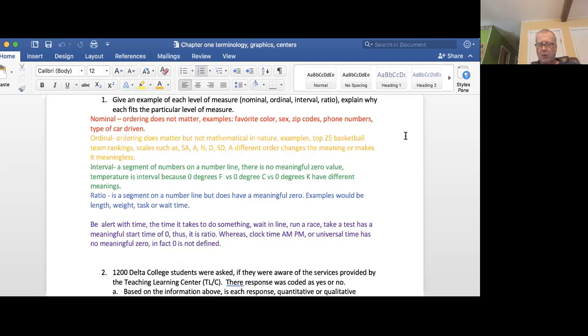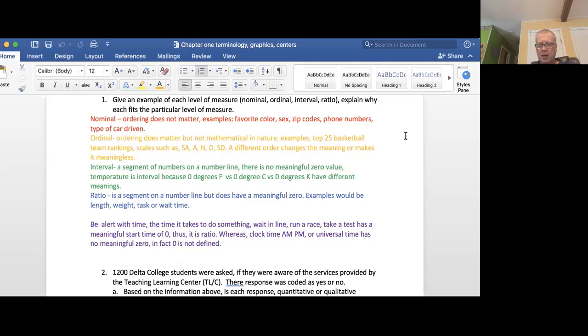Ratio. Ratio is a segment on a number line with a meaningful zero. Examples could be length, weight, the time it takes to do something, or wait time. There's a beginning and end there. How long it takes to listen to a record or a music video, or how long it takes to listen to this video, that would be ratio. Be alert with time, however.